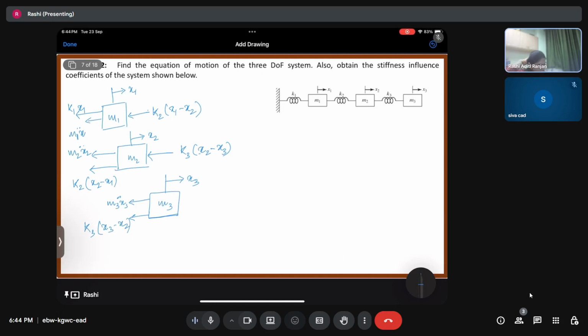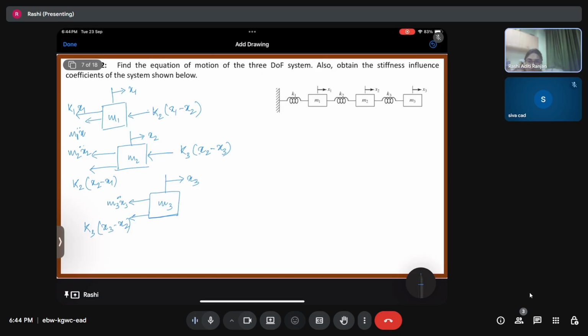This is nothing but the force balance method. We have just applied the method of force balance in order to find out what the forces are that are acting on the system. Again, this k2 (x1 minus x2) and the k2 (x2 minus x1) are because of the relative displacement. So what we are doing is basically finding out the relative displacement with respect to the mass, right?